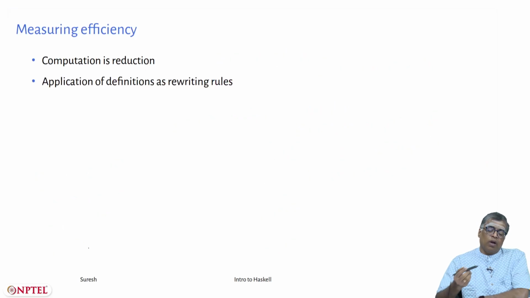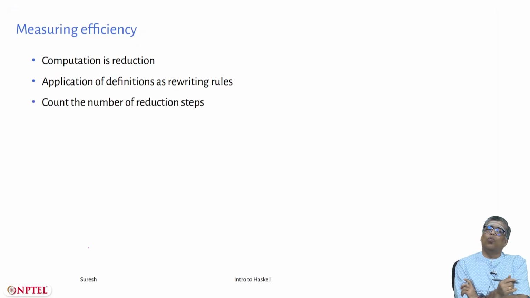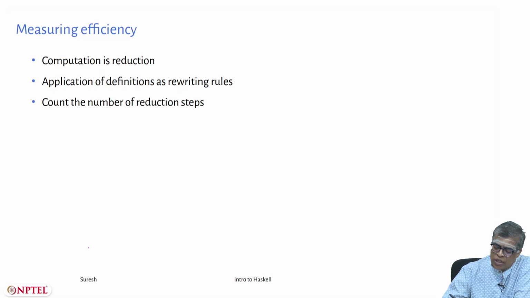Now, so you apply definitions. If you want to apply a definition of reverse, let us say to a value like 1, 2, 3, 4, you are just applying rewrite rules. Okay, and one way of measuring efficiency of a program is just to count the number of reduction steps.